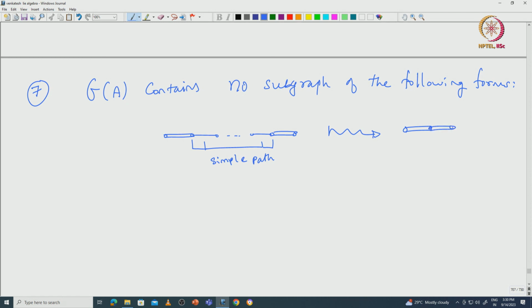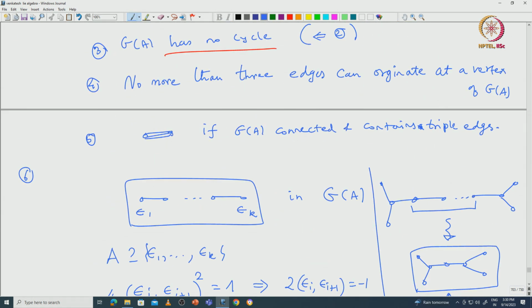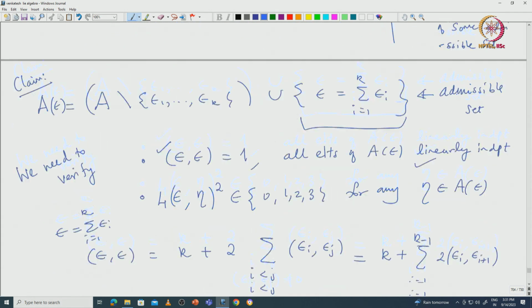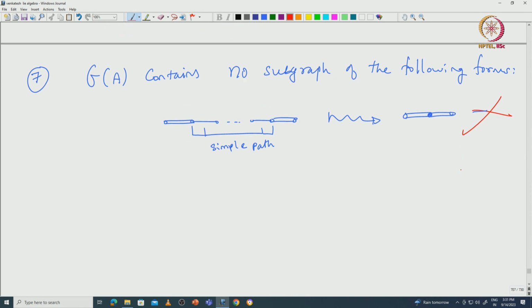But we have already seen that if you have a vertex in an admissible set, and then the Coxeter graph of that, no more than 3 edges can originate from that vertex. But by shrinking this, you got again an admissible set for which this vertex has 4 edges originating there. That is not possible at all. So, this kind of thing you can't have.